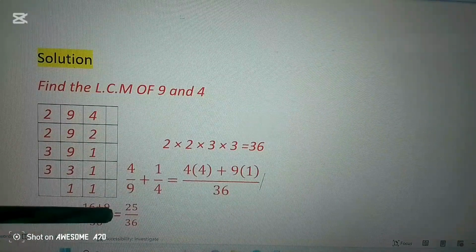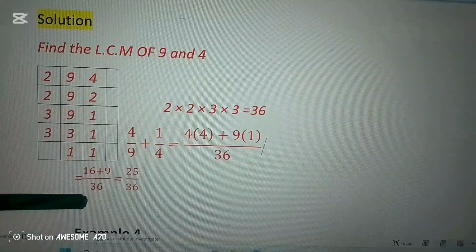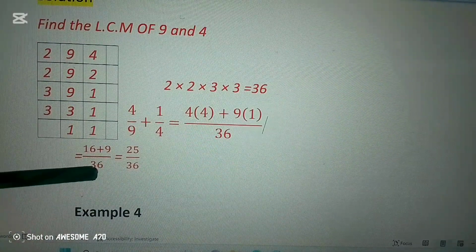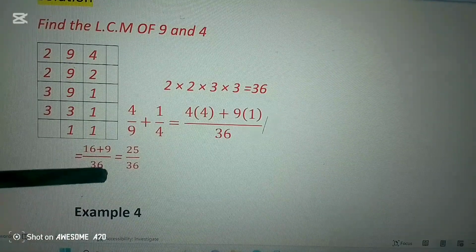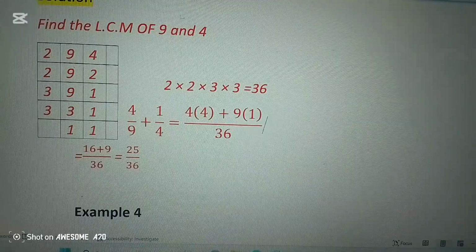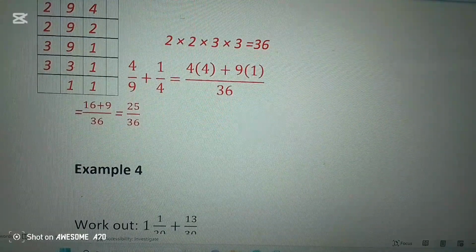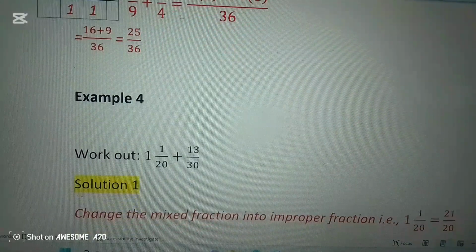So we get our answer as 16 plus 9, which is 25. So we get our answer as 25 over 36. I hope we are proceeding well.